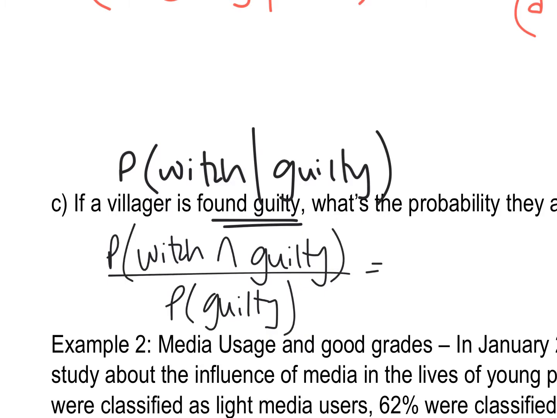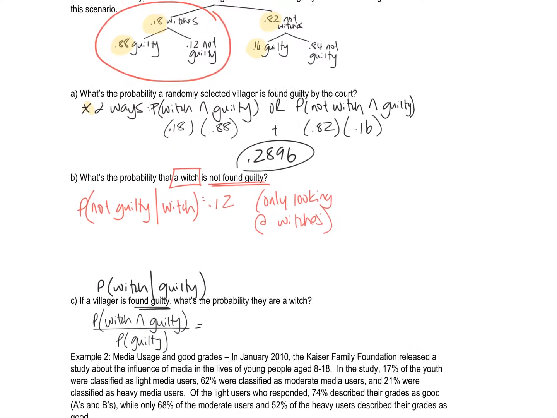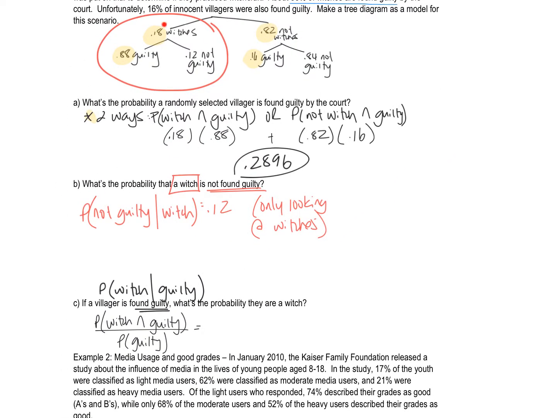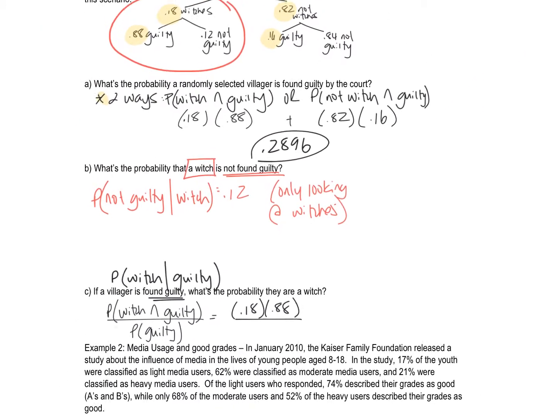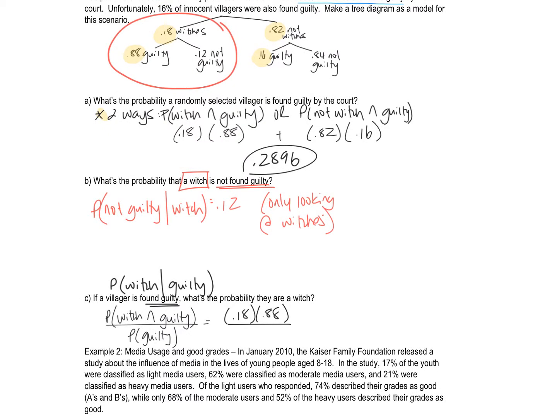And so witch and guilty, I'm just looking up at the tree. Witch and guilty is 0.18 times 0.88 because I'm just working my way down the tree. And then the probability of being found guilty, we'll look up at my yellow highlighting that I've already done. Probability of being found guilty is actually the same exact question as letter A. So remember, there were two ways to be guilty. You could be a witch and guilty, or you could be found guilty even if you weren't a witch.